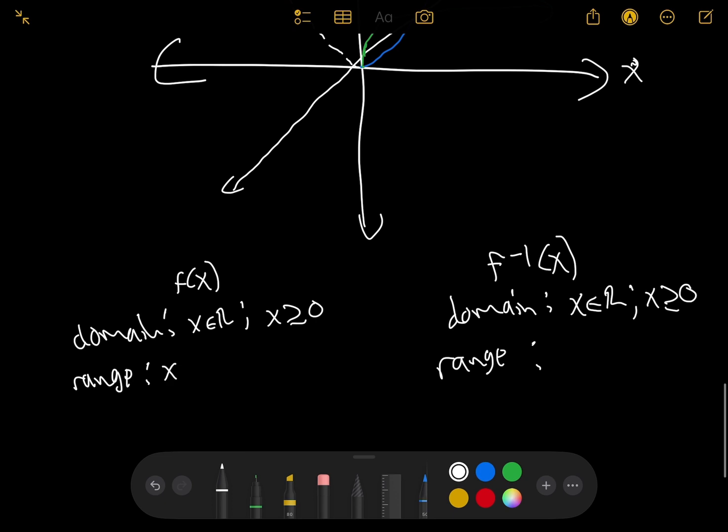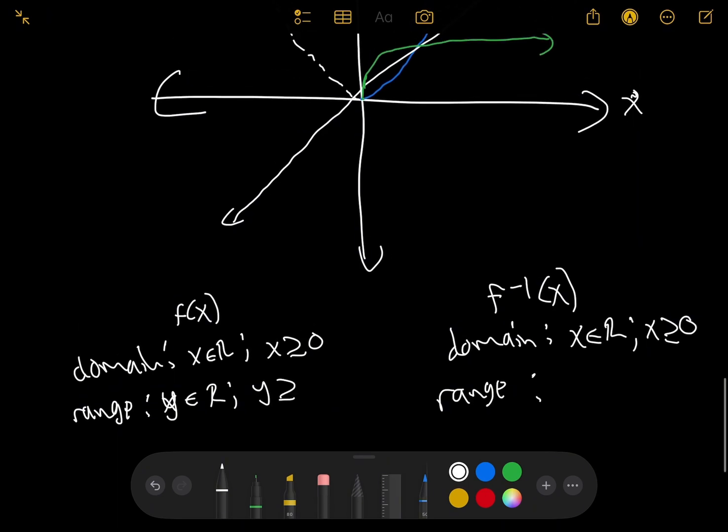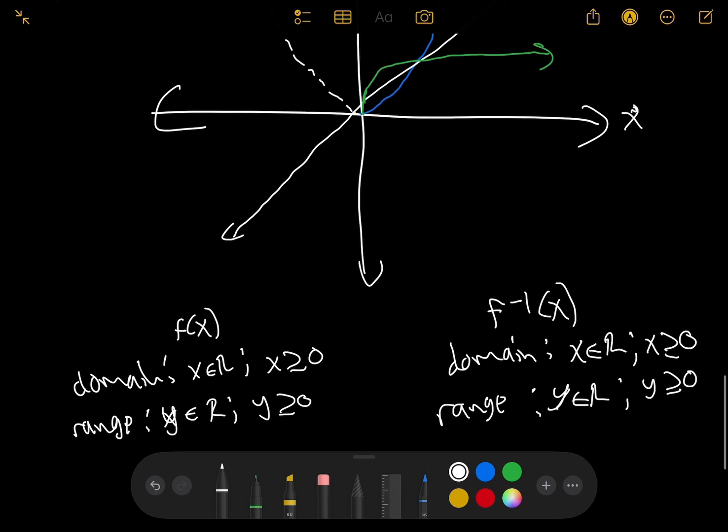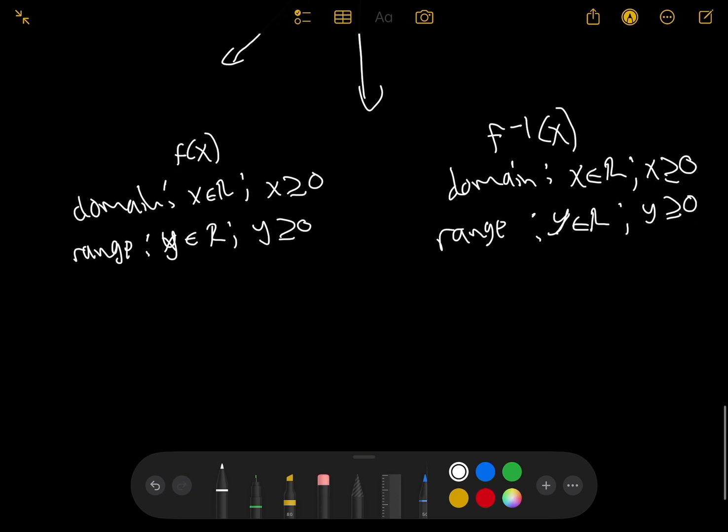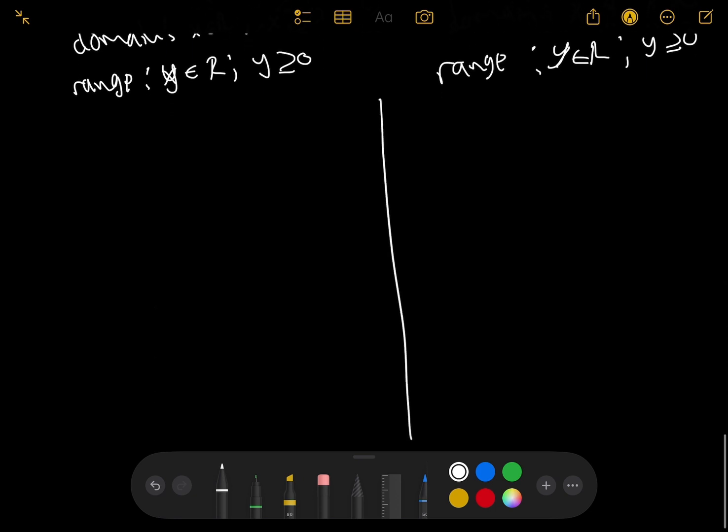Here, y is an element of the real numbers where y is greater than or equal to 0, and for the inverse it is also y greater than or equal to 0, right?